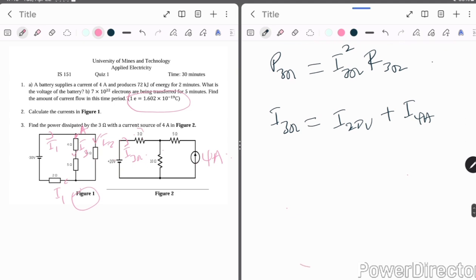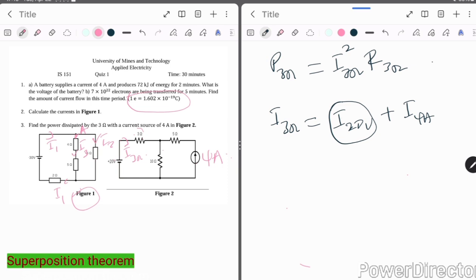So let me start with trying to get the current due to 20 volts acting alone. To find this current, only the 20 volts is going to be in operation.